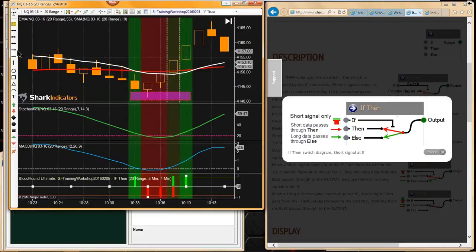So let's take a look at this. So right here, our stochastic is just barely in the oversold. So our stochastic is generating a short signal.